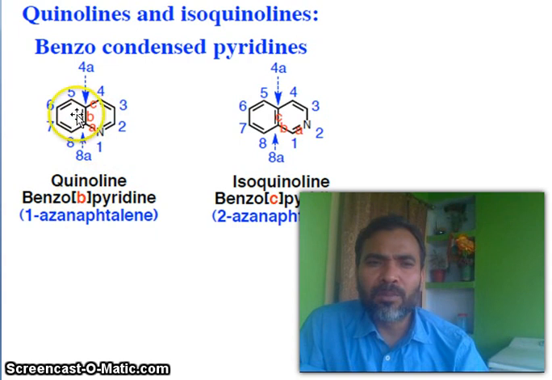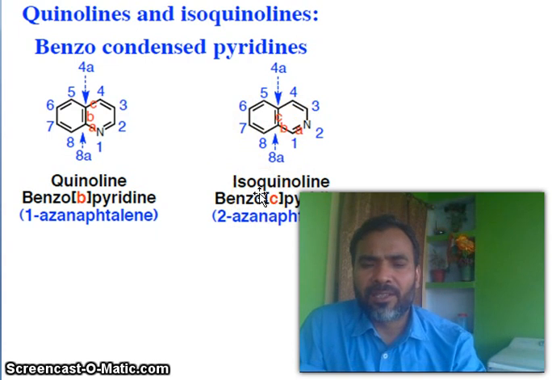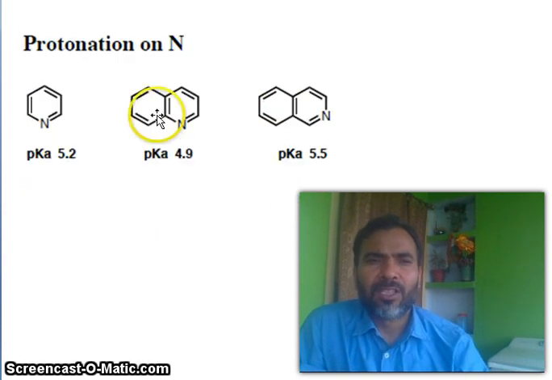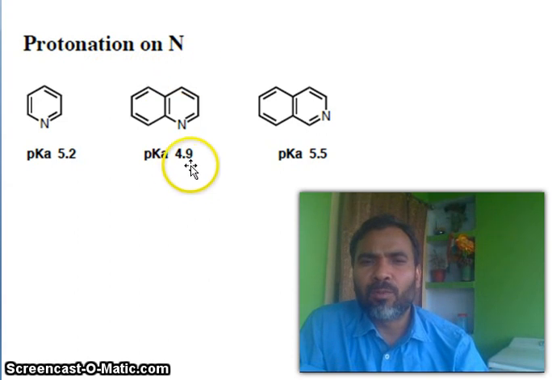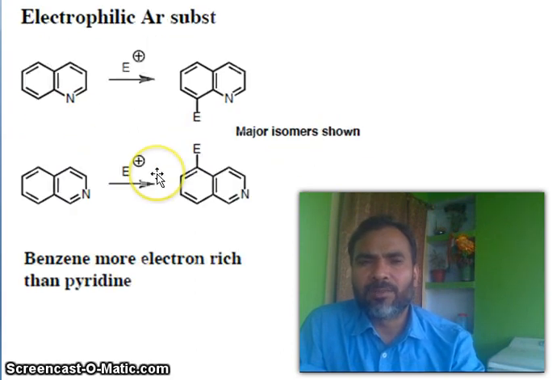So benzene is attached with pyridine through the b bond, but in isoquinoline, benzene is attached with pyridine through the c bond. So this is the difference, and both are isomers. You see, protonation on nitrogen also has a difference, pKa 5.4 for isoquinoline. This is greater than quinoline, pKa 4.9, and it means it is greater than pyridine also, but less than quinoline.